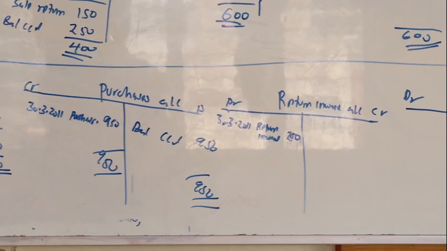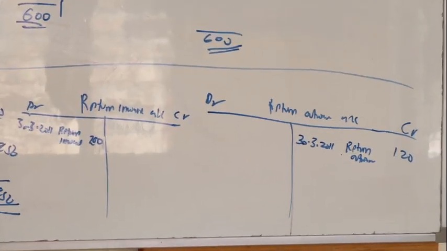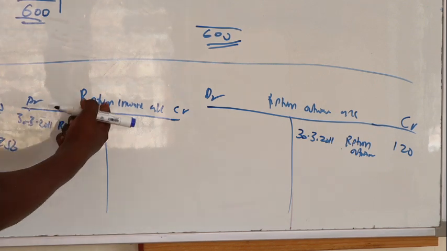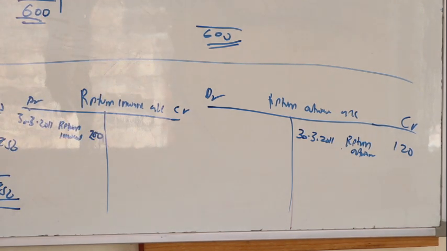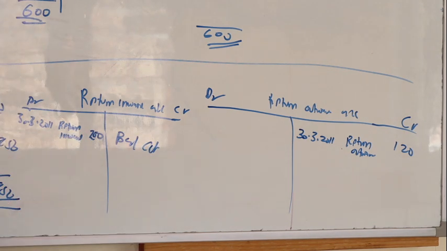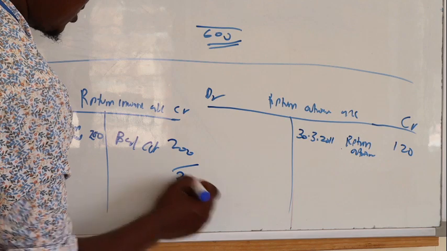Then the other account is returns. They have the same general ledger. We have what we call returns inward. It is the opposite of sales account, so it is debited. Balance carried down of 200.